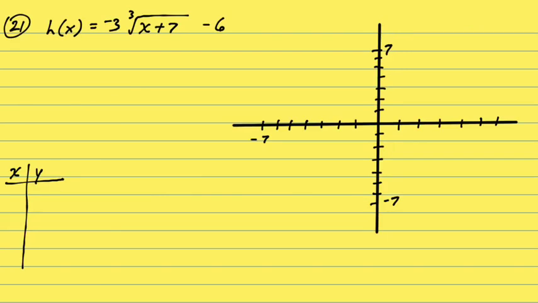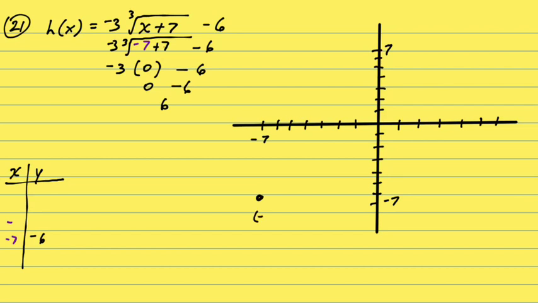Okay, for 21, I'm going to put in numbers for x. What makes this 0 is -7. So I'll probably put in a -7 first. If I put in a -7, -7 plus 7 means you have the third root of 0. And the third root of 0 is 0. And 0 times -3 is 0, minus 6.